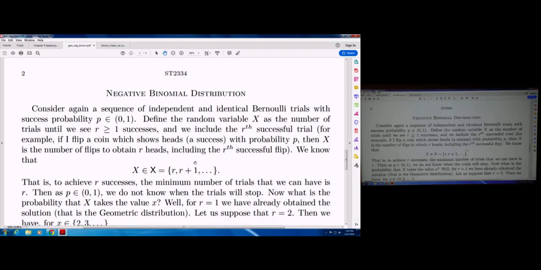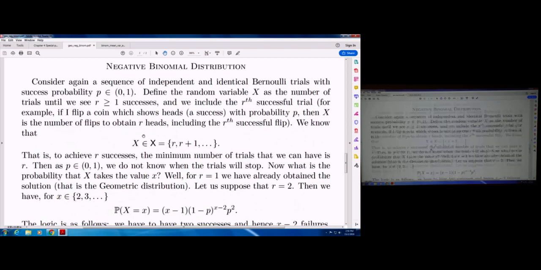So in this case, what we know is that our random variable capital X has to be at least r, right? Because for example, if r is 2, so 2 heads, I have to have at least 2 trials. I can't do any better than that. But it could be r plus 1, where I get 1 failure and r successes, or I get two failures and r successes. I'm going to r plus 2, r plus 3, r plus 4.